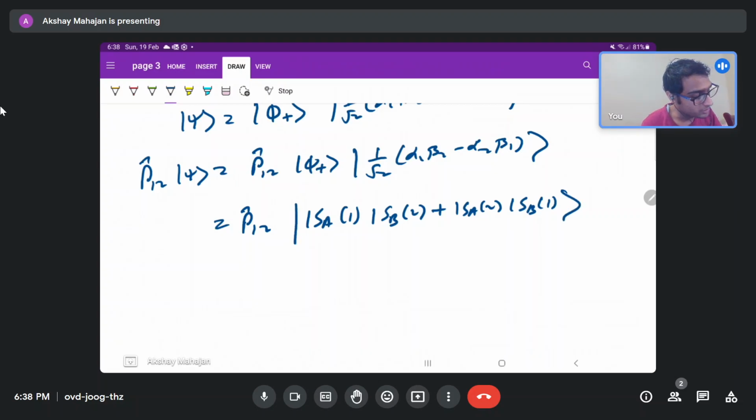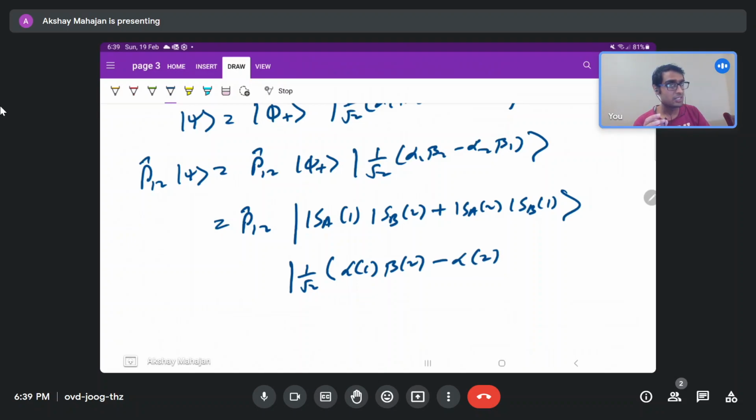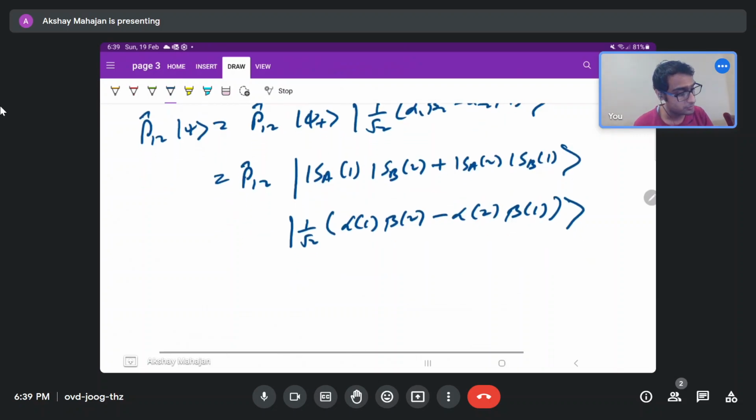It is multiplied by the spin part. Alpha 1 means electron 1 has alpha spin, and beta 2 means electron 2 has beta spin. You know that the two spins, spin up and spin down, we represent by alpha and beta spin for the electrons.